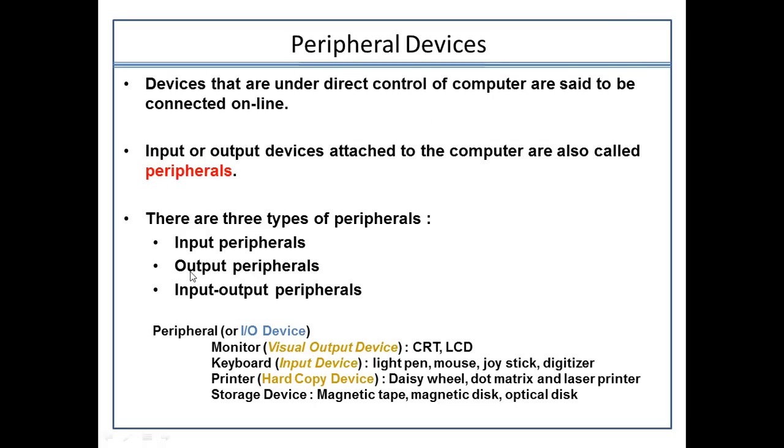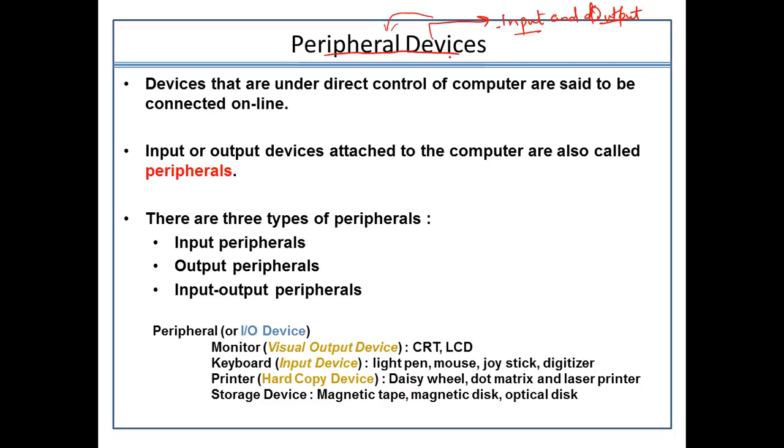So the next topic is peripheral devices. Peripheral devices, in layman's language, are nothing but the input and output devices. Usually any input or output device, or a combination of input and output devices, is called a peripheral.